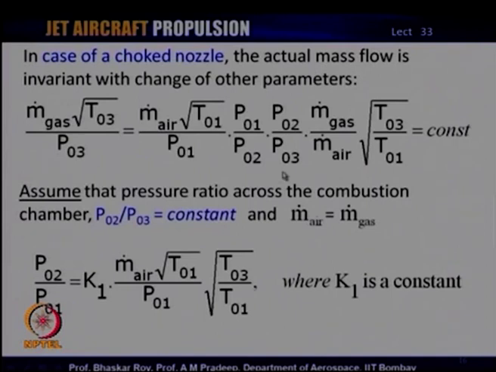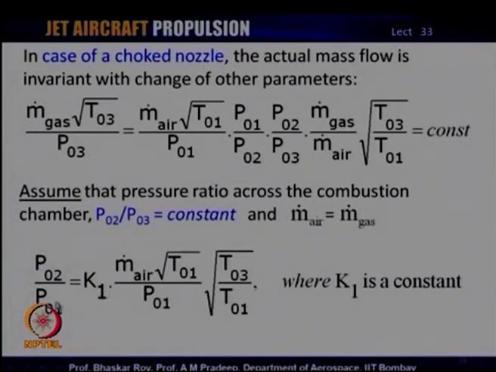Now, assume that the pressure ratio across the combustion chamber, that is P02 by P03, is also constant, and that the compressor mass flow and the turbine mass flow are also equal to each other. Then what we can write down in the simplified form is that P02 by P01 is equal to K1 into the normalized mass flow into the cycle temperature ratio, where K1 is some constant.